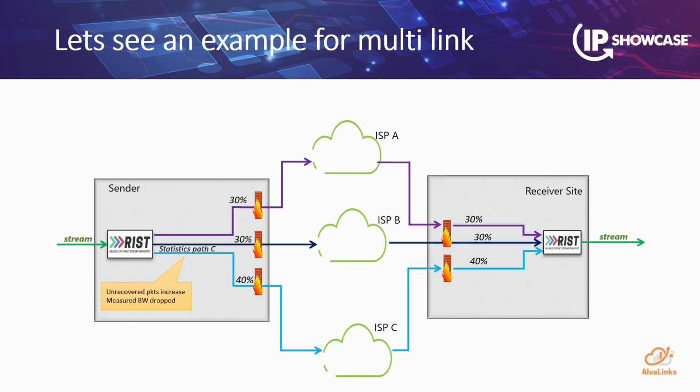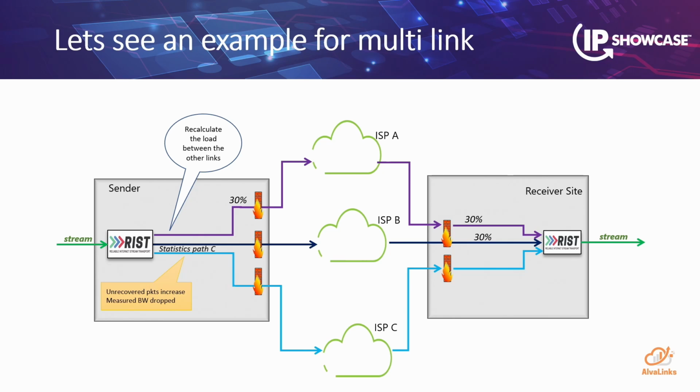But suddenly there is a report saying there are unrecovered packets on stream C, on ISP C. What should we do about that? If there are unrecovered packets, it means that there is a problem and we cannot fix that. So we will recalculate the load, the spread of the bandwidth between the links.